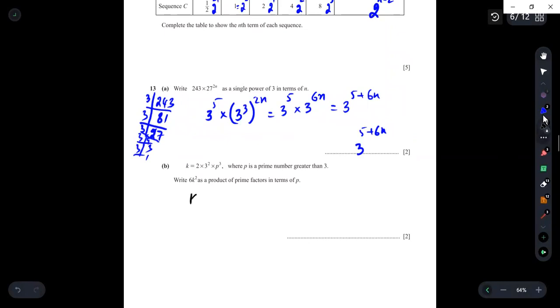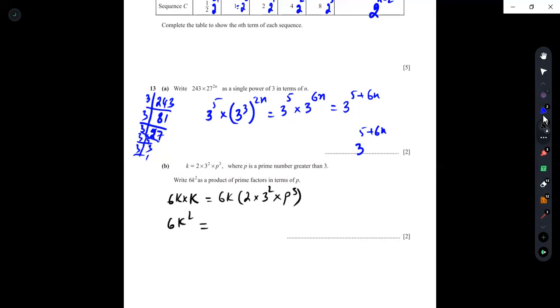So k multiplied by 6k will give us 6k squared. So on the left side we have 6k squared, and on the right side we have to write the answer as a product of prime factors in terms of p. So we know that k is this.